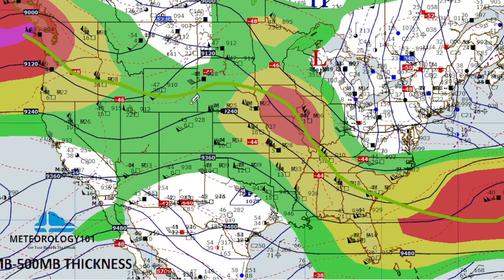And then you can see where your long wave ridges, troughs, and then determine where your weather systems are being steered to.